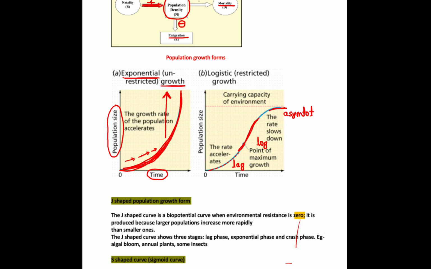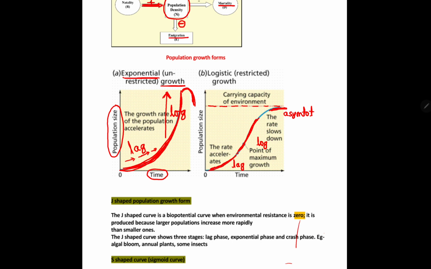Okay, see, practically in no ecosystem are resources unlimited for infinite time, right or not? So in the exponential growth curve also, the starting phase is the lag phase, then the logarithmic phase, and after that the next phase is the crash phase, where the population will suddenly start to decline. But here, when the resources are limited, the starting population growth will be slow, then it will boom, and a point will come where, because resources are limited, the population will touch the carrying capacity of that ecosystem.